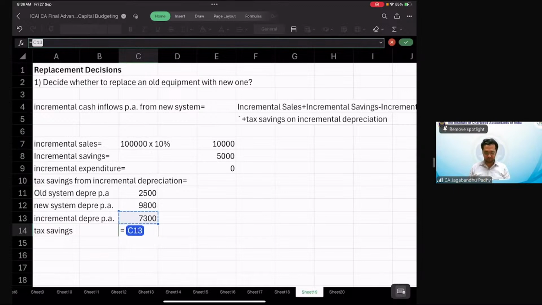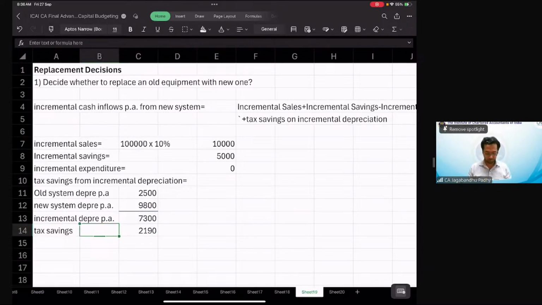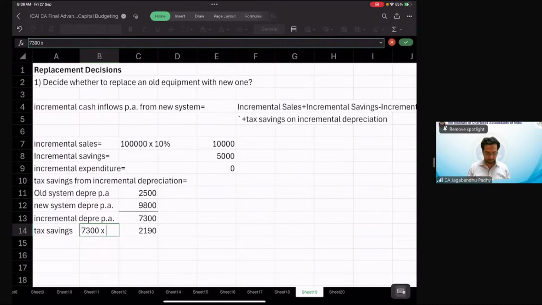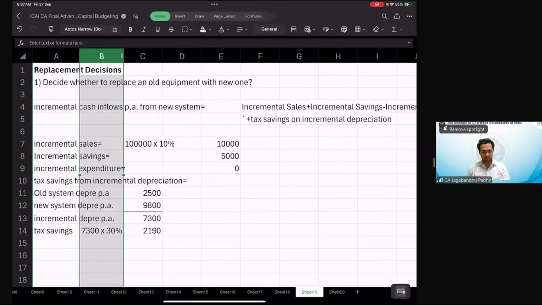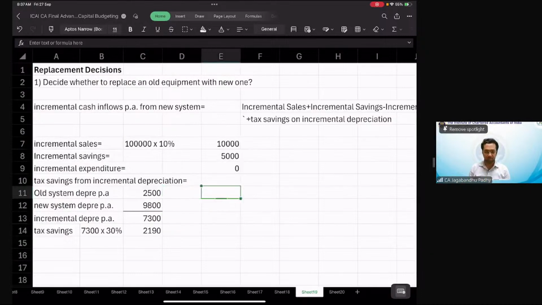So it will be 7,300 multiplied by 30%. Right. So that gives us a tax saving on incremental depreciation of 2,190. So this 2,190, is it going to be a cash inflow or cash outflow? Inflow, right? So there is an inflow of 2,190.